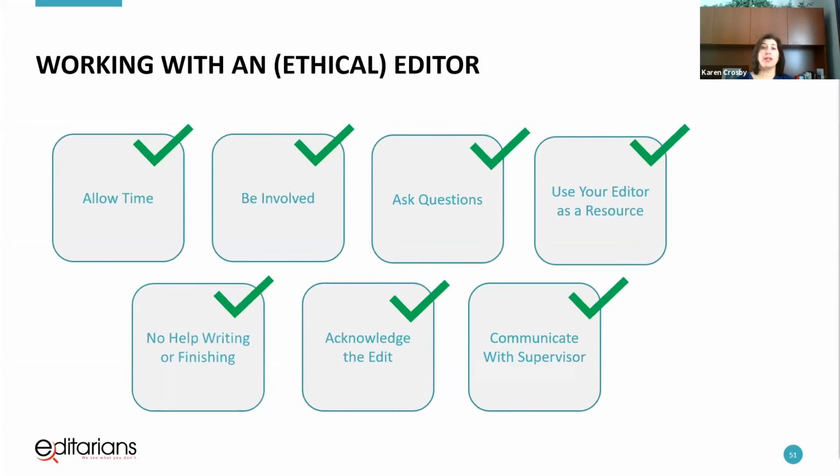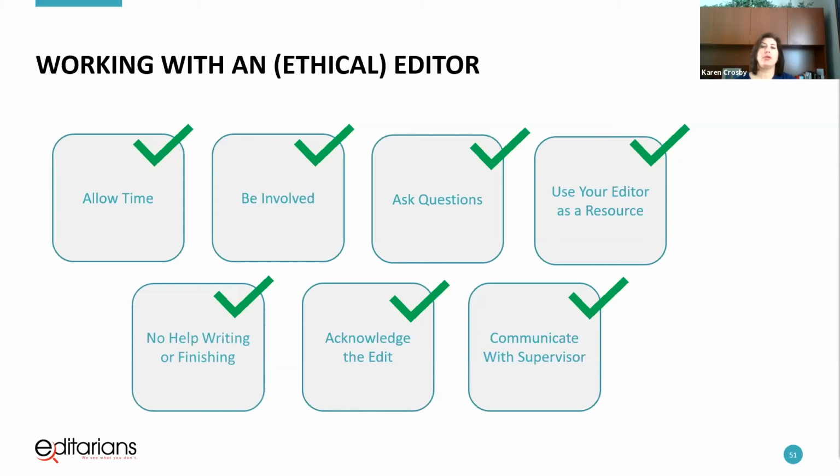And once you're working with the editor, you may have some back and forth before the process is complete. So budget time for that process. You can't expect to submit your 200-page dissertation on Thursday and have it back to you by Friday. The longer the document, the more time you'll need. Be involved and ask questions.